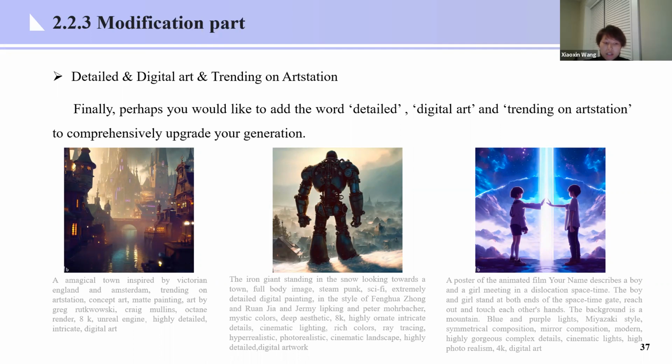So if you add trending on ArtStation in your prompt, perhaps it can generate a popular-style image from ArtStation. Of course, among so many prompts, the main body and the detail setting are essential parts for generating a complete image. As for the modification part, not all prompts need to be used.